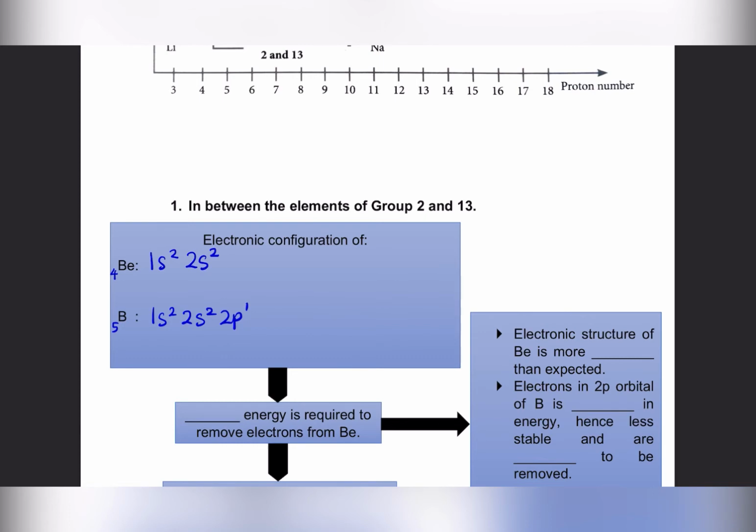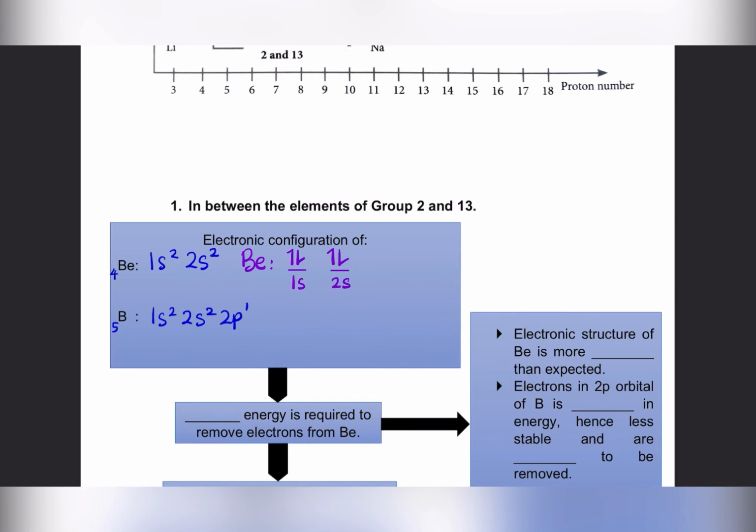But to explain more clearly to you, I will use another method to write the electronic configuration, which is by using an orbital diagram. So for beryllium, Be equals 1 line for 1s and 1 line for 2s. So I'm going to label my orbitals, and after that I fill the electrons, 2 of them in each orbital.